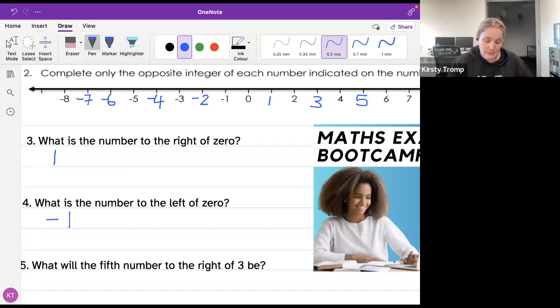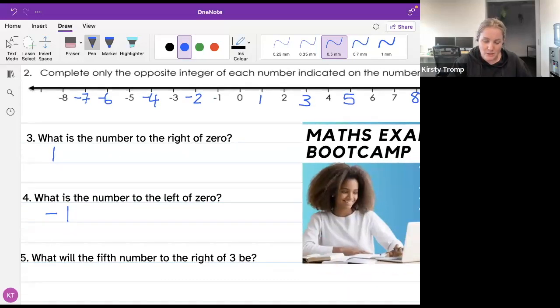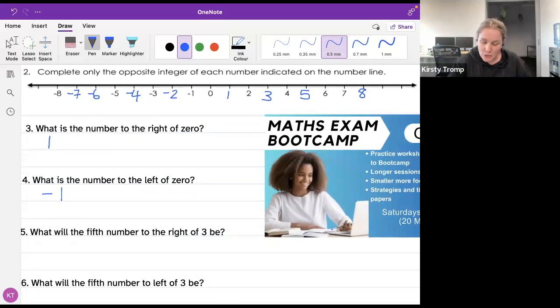Okay. Now, this one's a little bit trickier. What will the 5th number to the right of 3 be? Let's go look. I'm going to use my number line.